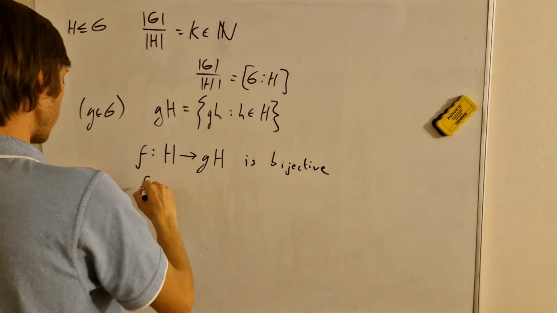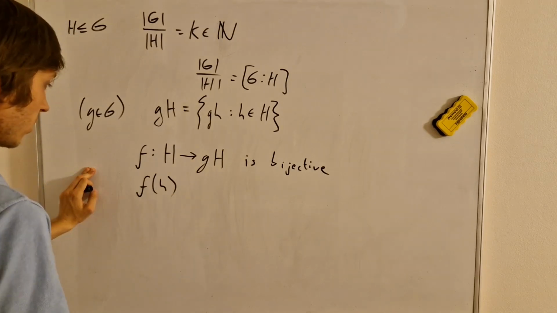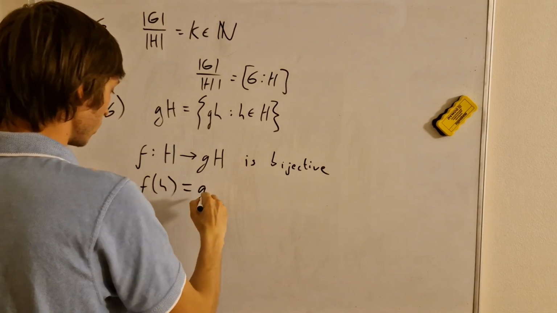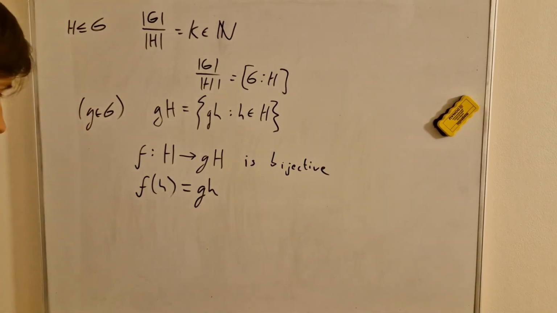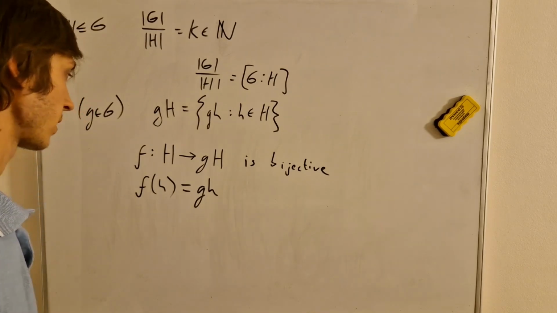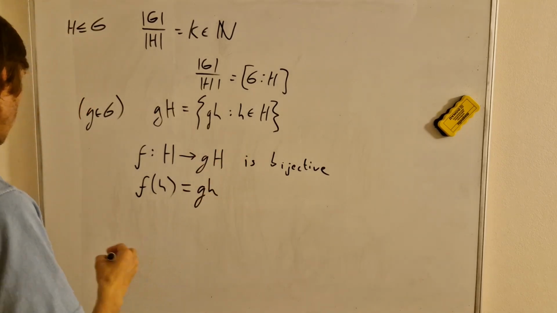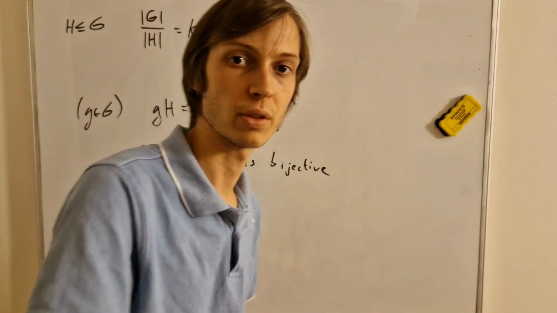I want to see if it's bijective. What this is doing is it takes a lowercase h, and that will equal gh, and that will generate all of g times capital H. And how do we find if it's bijective? First of all, we need to prove it's injective, and then that it's surjective. When we prove both, we prove it's bijective.